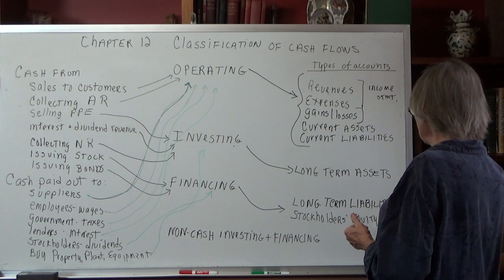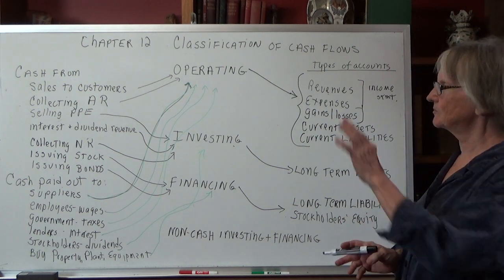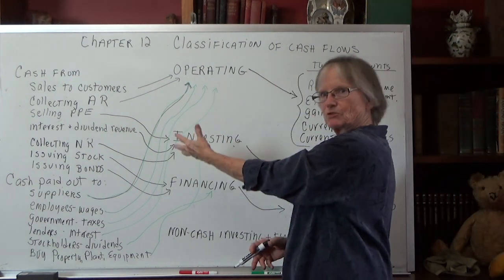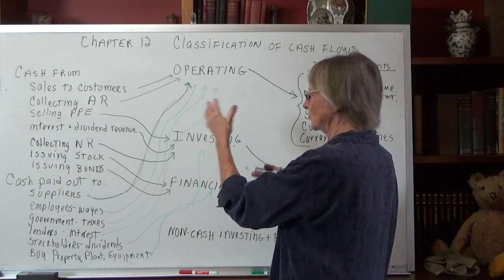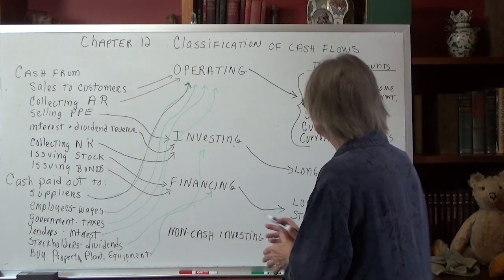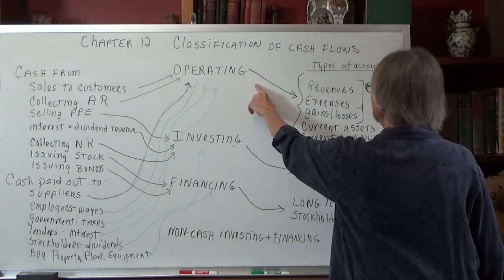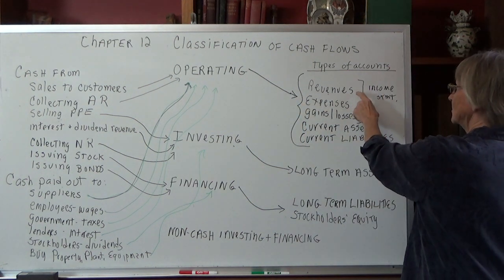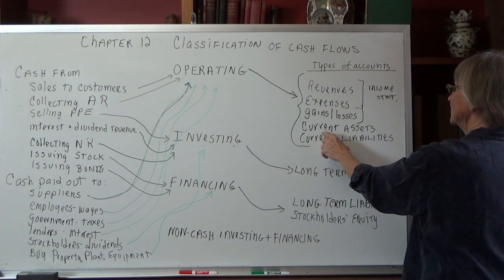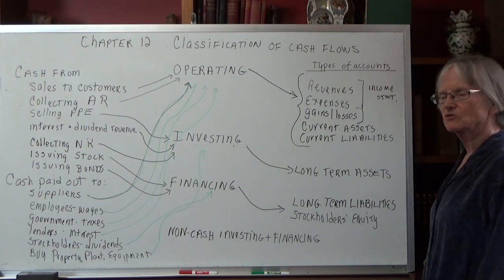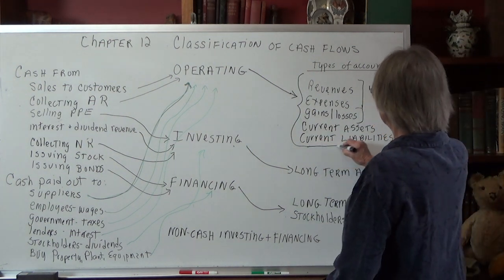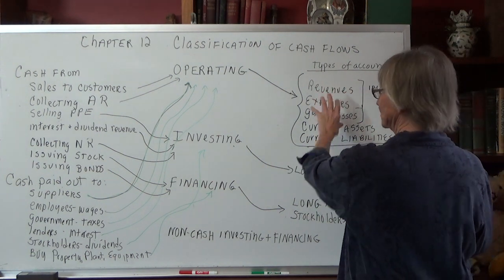So this is, I think, the easiest way to keep track of all of the various things, because you can see it would be really confusing if you tried to figure it all out and memorize it and say, oh, well, what does this go here, does that go there? But if you just keep in mind, if it's operating, it's on the income statement. Revenues, expenses, gains, losses, and then your current assets from the balance sheet and your current liabilities from the balance sheet. So this is your operating section.